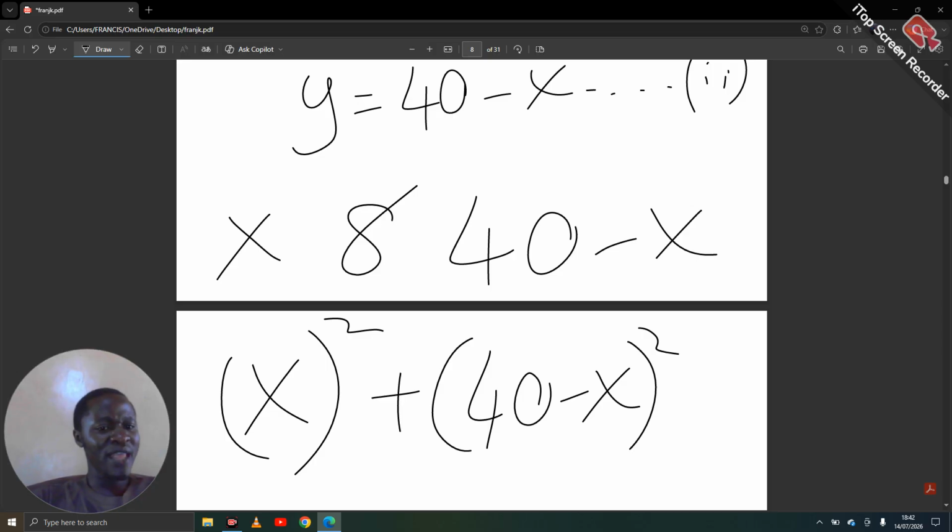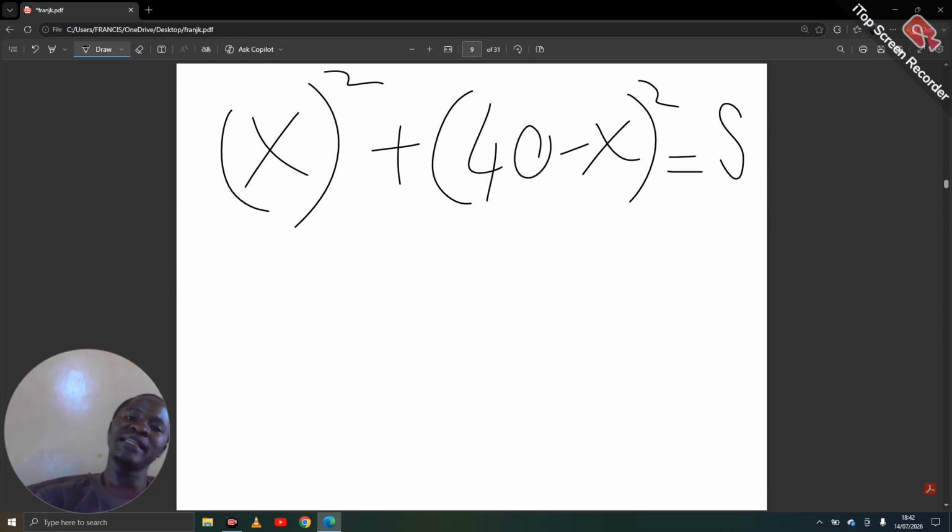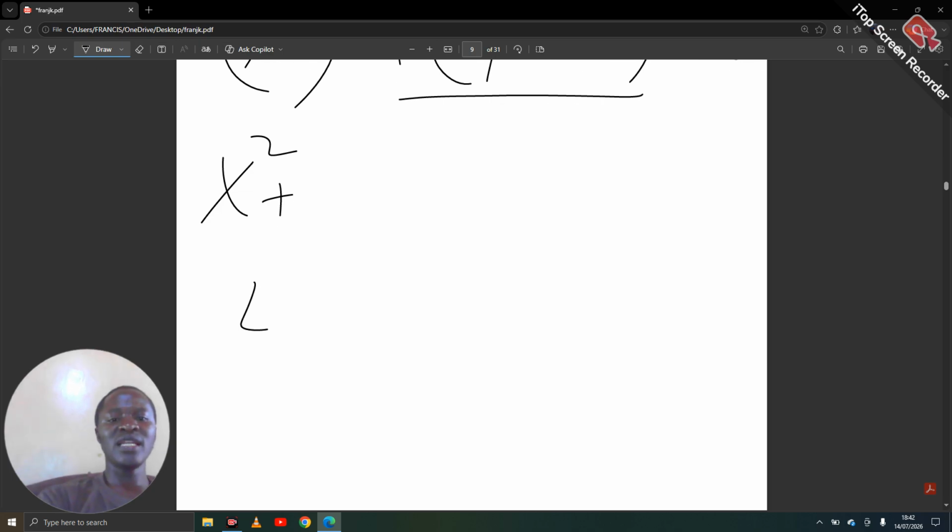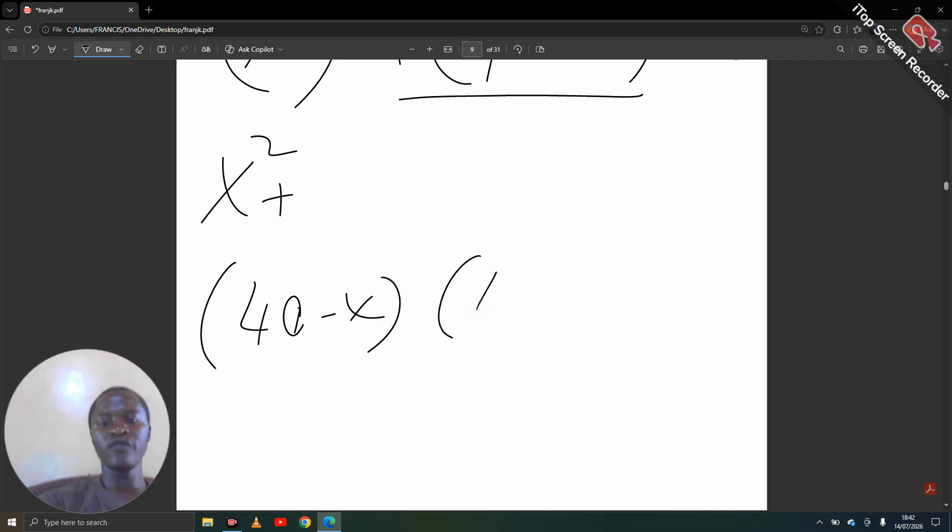And remember, this equals the sum. Now, it is now the mathematics part. So it is x squared plus, now let us solve this. This one is the same as 40 minus x with 40 minus x multiplied.